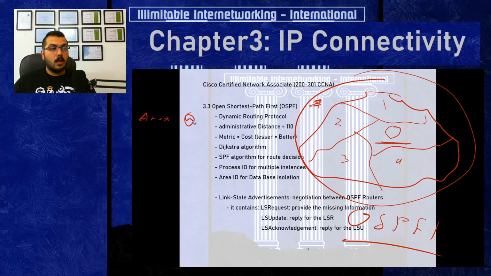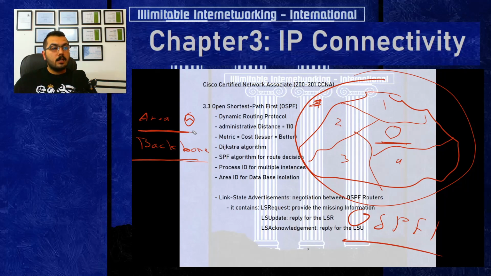When we come to the concept of areas, area 0 is something mandatory to start your OSPF network with. It's called the backbone area. The backbone is where everything else is connected to, because it's the item that connects or joins everything together.